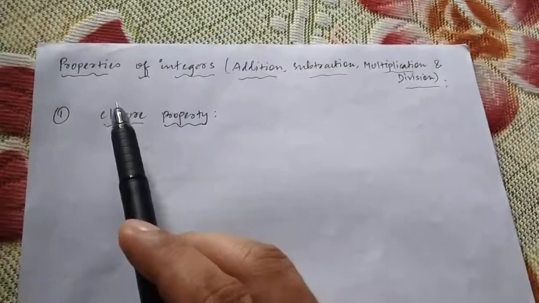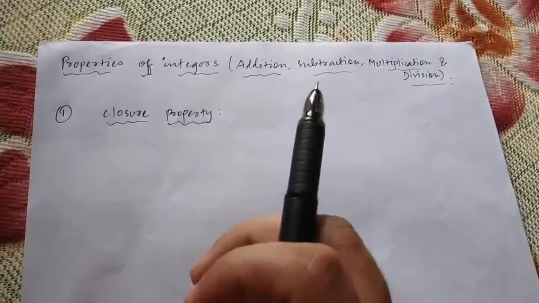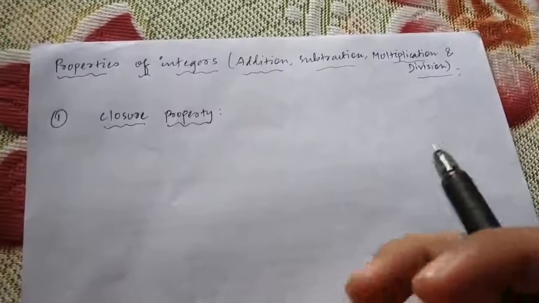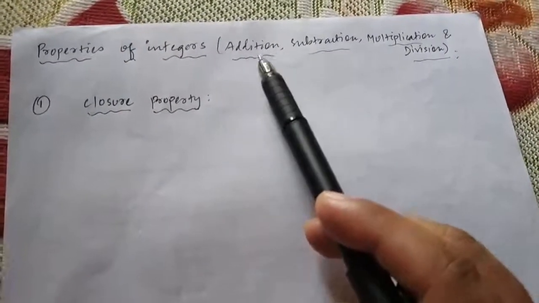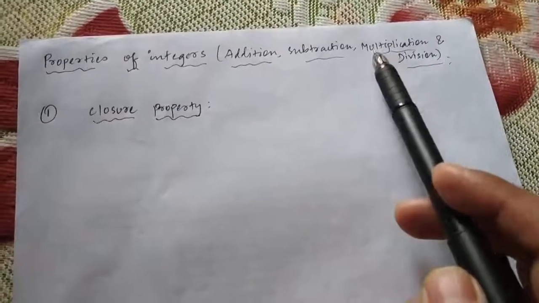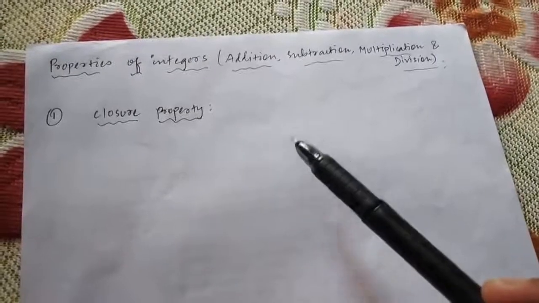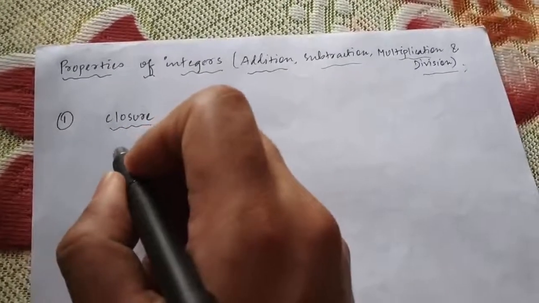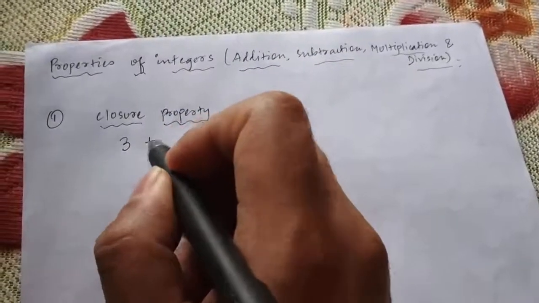In closure property it says that if we take two or more integers, let us take two integers, and we do any one of the operations, either addition, subtraction, multiplication or division, then we should get an integer as well. Okay, so for addition, suppose we are taking 3 and then 4.